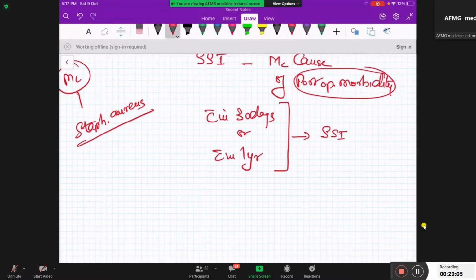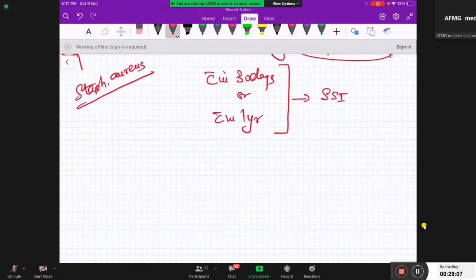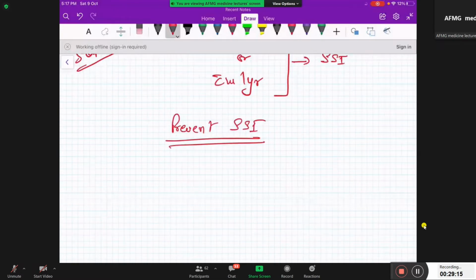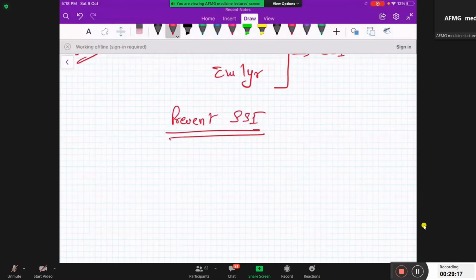So what all should we be doing to prevent surgical site infection? What are the things we should do to prevent a surgical site infection? These are the type of questions they ask you in exam these days. So what are the things we should do to prevent a surgical site infection?